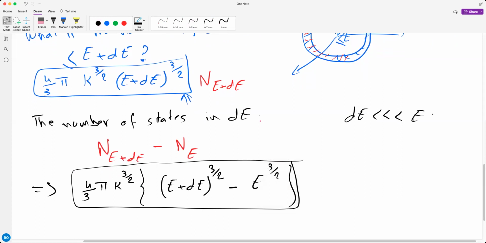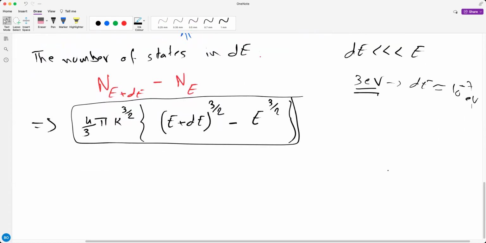If you remember, we got that for 3 electron volt, last session, not the session of yesterday, but the day before, dE is of the order of 10 to the minus 7 electron volt. Okay. We have calculated this. So dE is very, very small. So to simplify this, we can use a Taylor expansion.